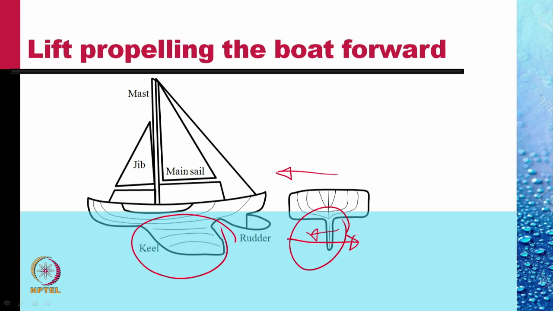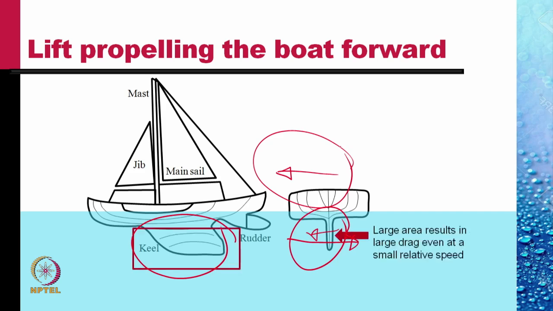Since water is much more dense, this force is a large force. So with very small velocity, we can overcome this side force, and so the boat drifts to the side only slightly. Most of the motion is forward. Large area of the keel results in large drag even at a small relative speed.